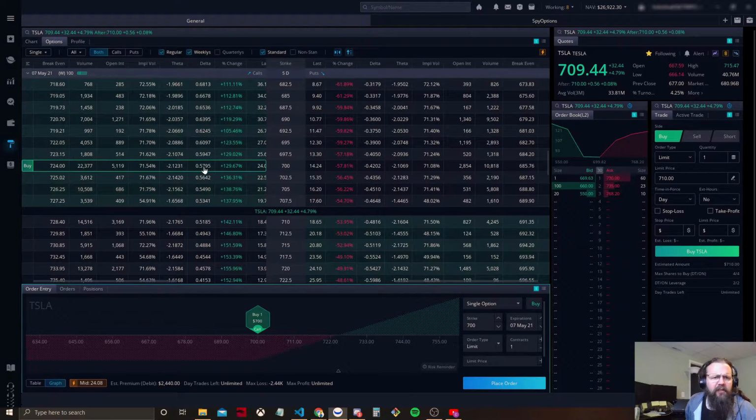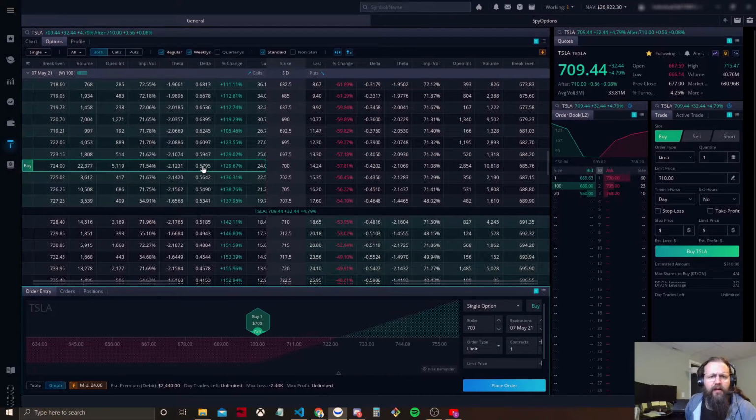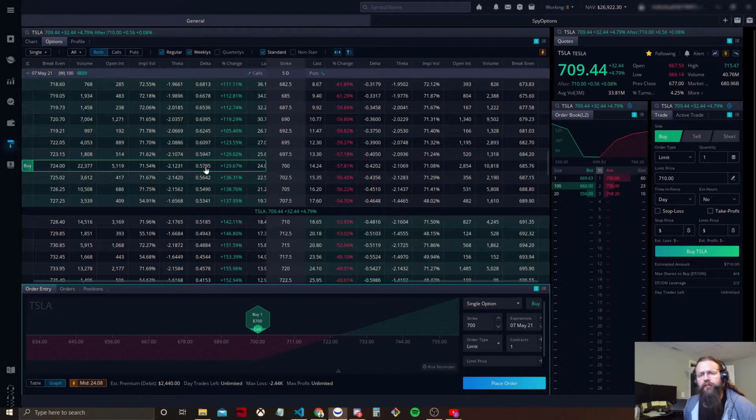You can sort of use delta as the probability. It's got a 57% chance. You're controlling 57 shares, essentially. The max delta you can have is 1, essentially. That's owning a stock, a delta of 1. You're controlling 1 stock. Here, we're controlling 57 stock.